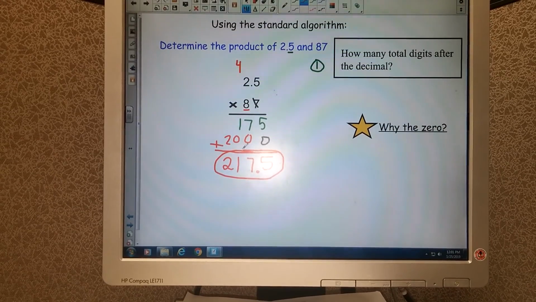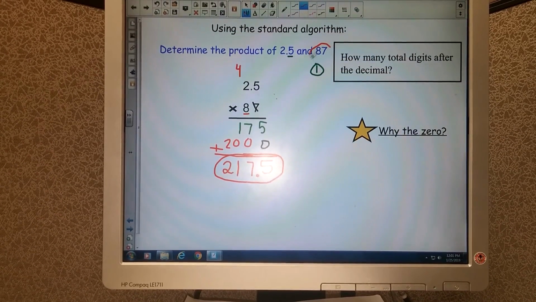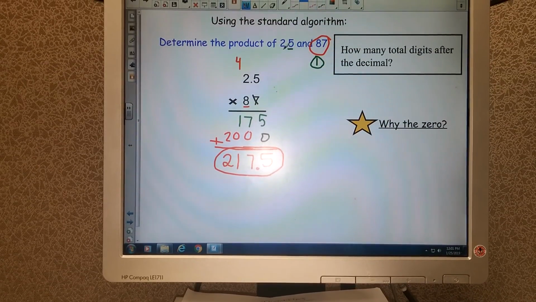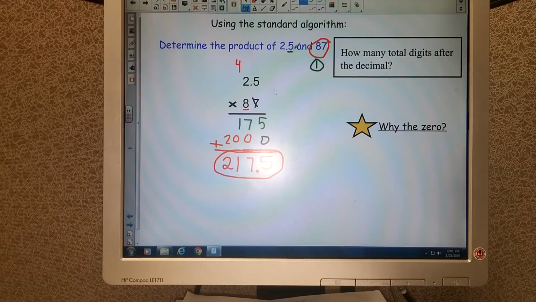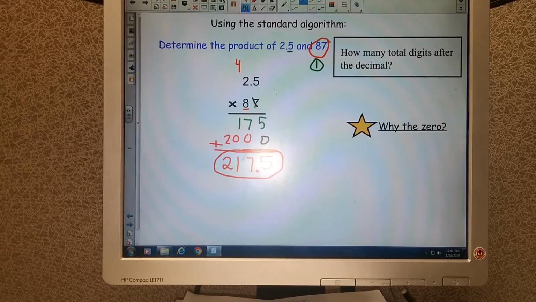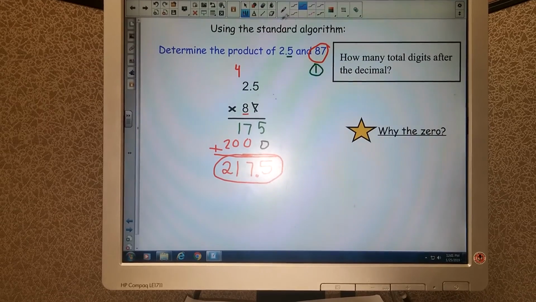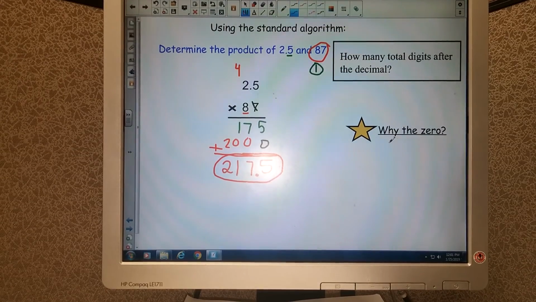Let's think about whether that makes sense. Well, this is about 90 right here. If I doubled 90, if I just times it by 2, I'd have 180. But I'm multiplying it by 2.5, so 217 really seems to make sense to me. The key here, there's a couple things, is first, why the 0?